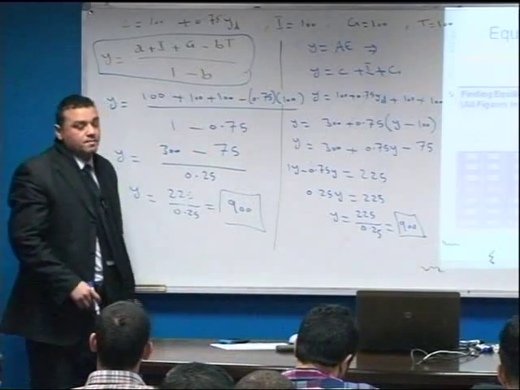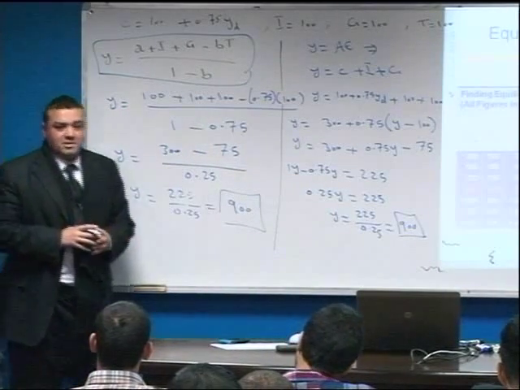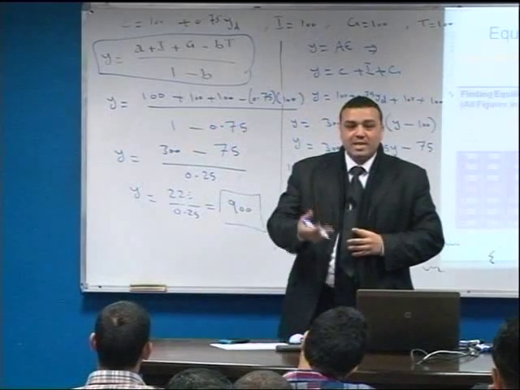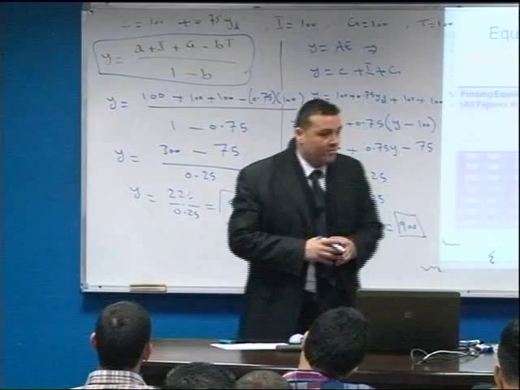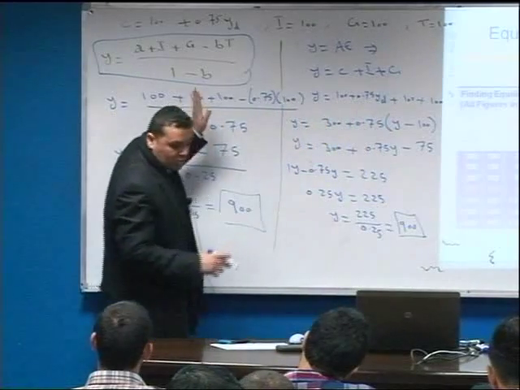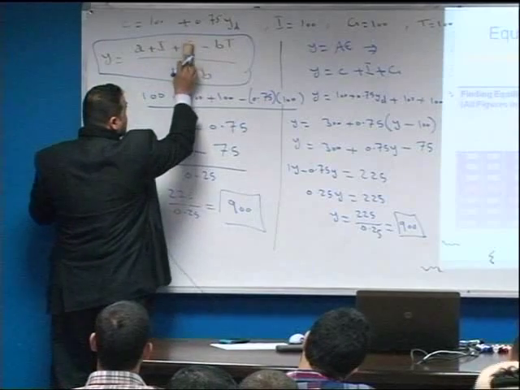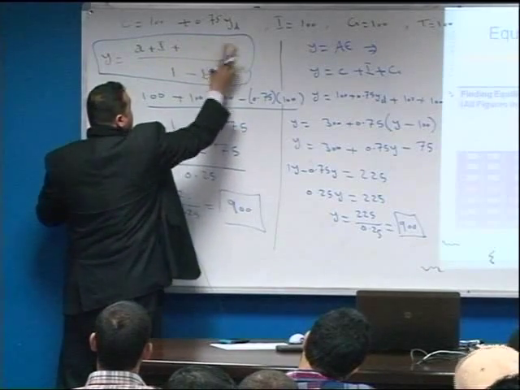What about if there is no government? If there is no government, how could we calculate the aggregate level of income? Immediately subtract G and minus beta T. That's it.